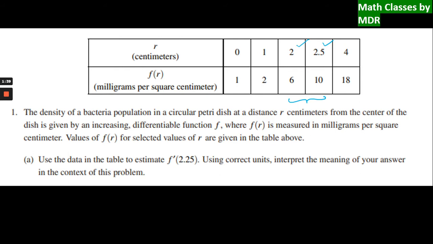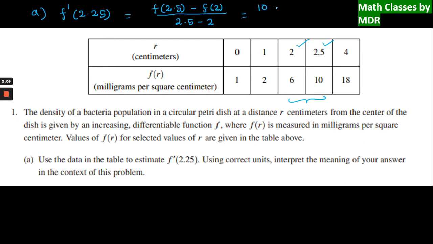So f prime of 2.25 we can write as f of 2.5 minus f of 2, whole divided by 2.5 minus 2. What is f of 2.5?